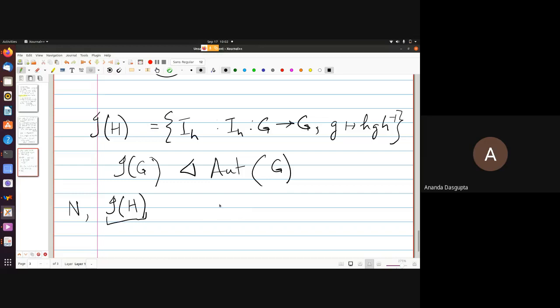But can anybody tell me why I demanded that ZH has to be equal to E? Now that you know what role H is going to play, H is essentially going to come into the picture in the form of the inner automorphisms which H produces. Can anybody tell me why this is an important condition to have?